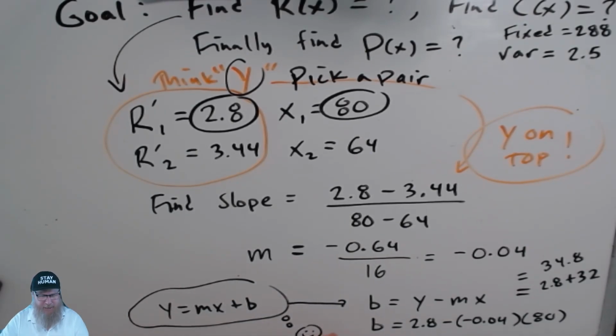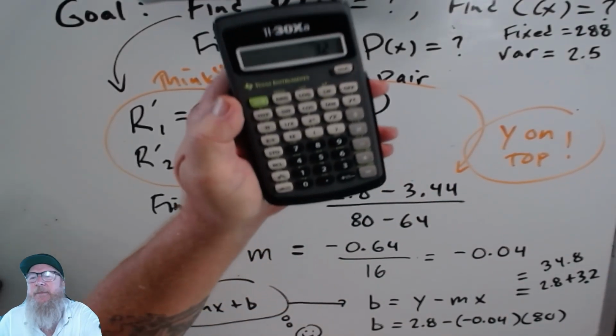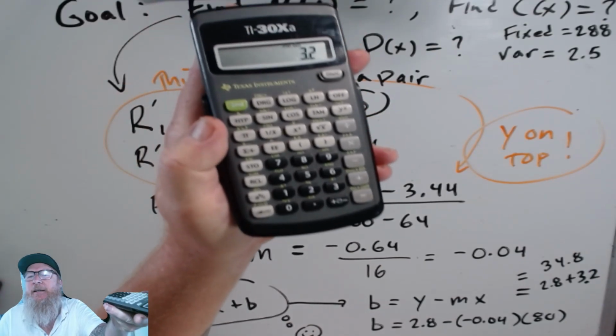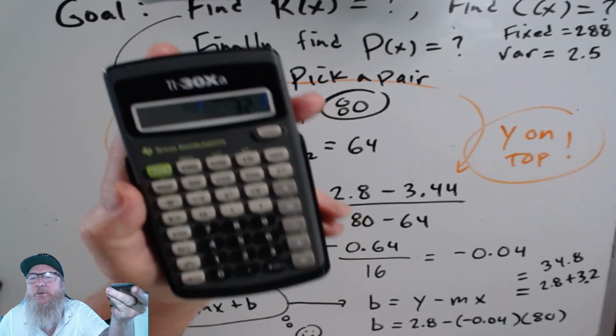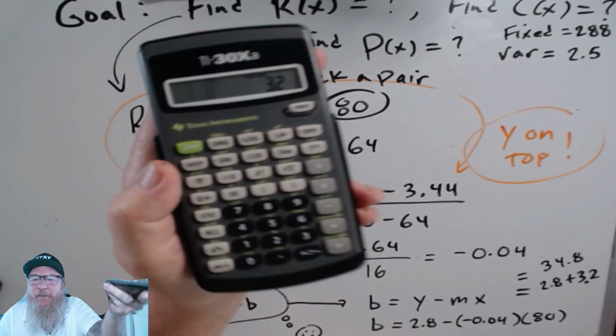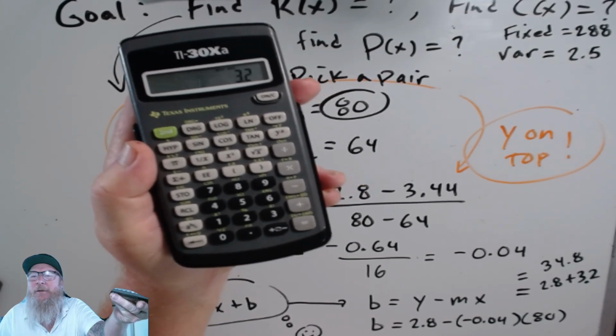Let me double check that. 0.04 times 80 is... Got to look very closely, and I'm so glad I checked. When I first looked at that, because I haven't been using my old school calculator in a while, although they still sell these. I think you might be able to find one at Walmart or Walgreens or something.